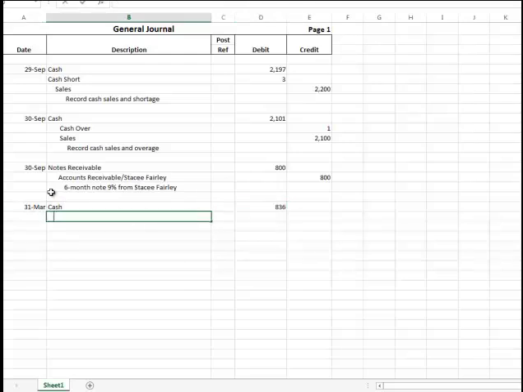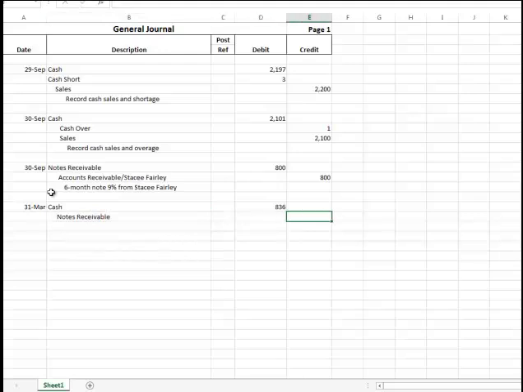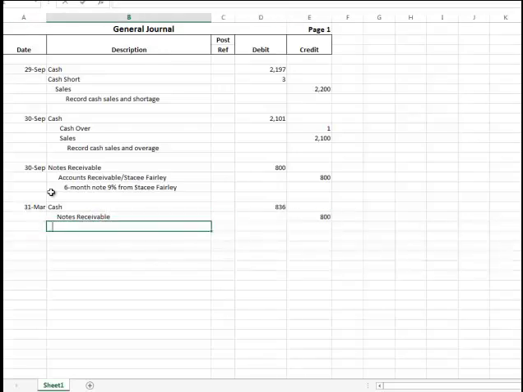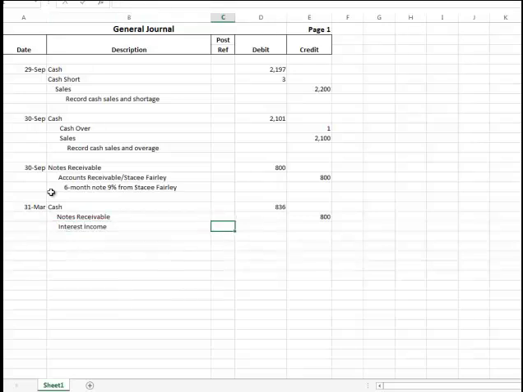Now we're going to credit notes receivable for the amount of the note, which is $800. But we're also going to credit a new account called interest income. It's a revenue account, so it has a credit balance, and we earned $36 in interest income.